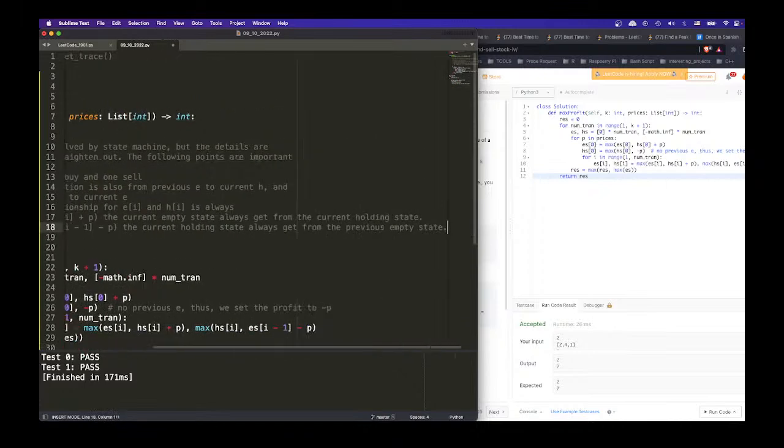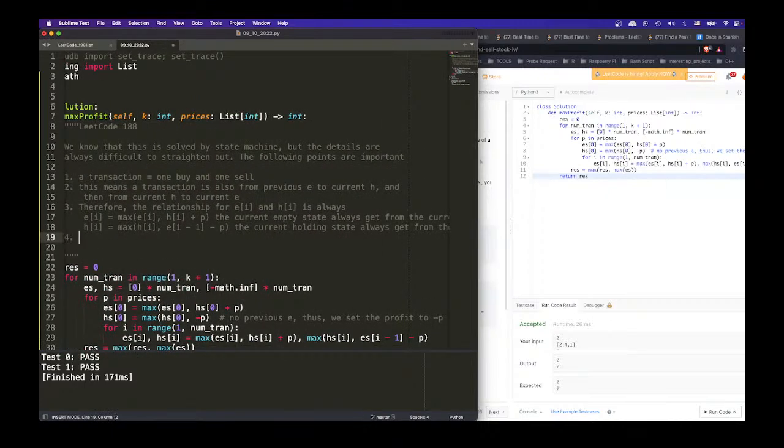Okay, so that's the relationship, and if I is equal to 0, that's a special case and edge case.